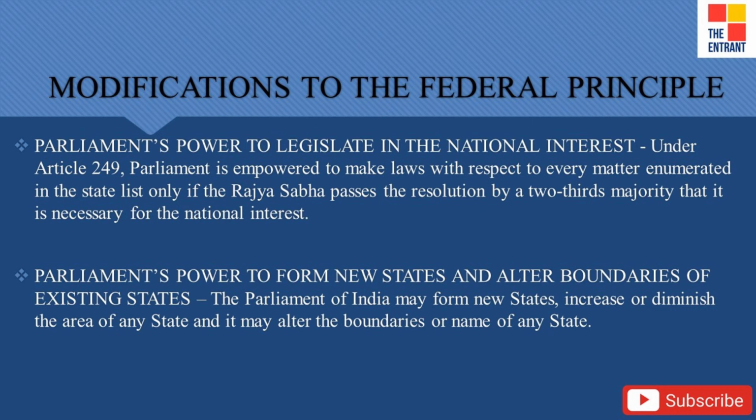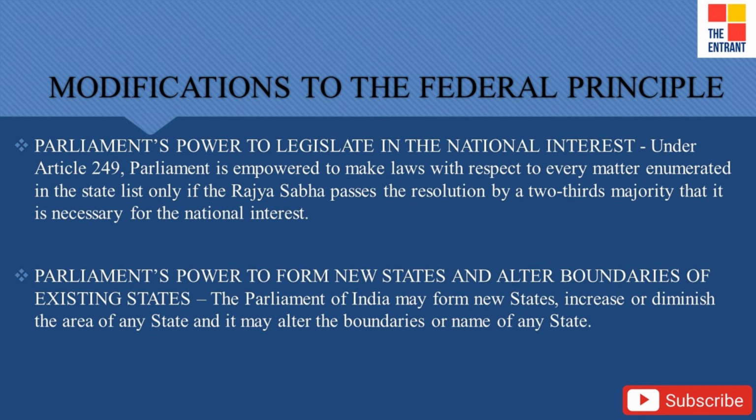This law remains in force for 1.5 years. That is, the law will cease to have any effect 6 months after the resolution comes to an end because the resolution remains in force for 1 year. This power of the Parliament is used only during national emergencies.